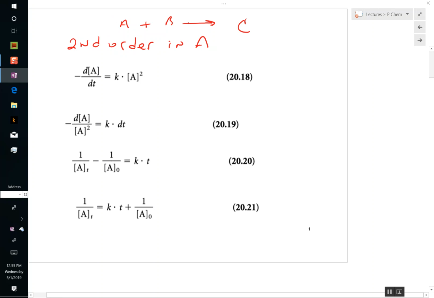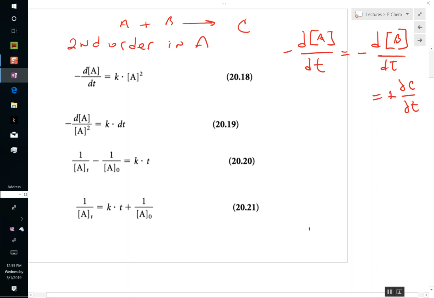This is how you would write that, because the rate of change of A with respect to time is equal to the negative of the rate of change of B with respect to time, which is equal to positive the rate of change of C with respect to time. We'll get some other examples of that. The coefficient does come into this part of the equation. Yes. Okay. Thank you.